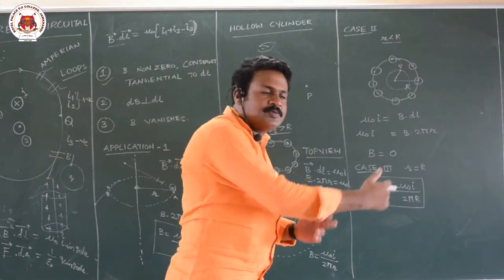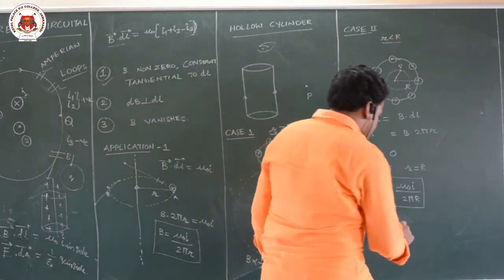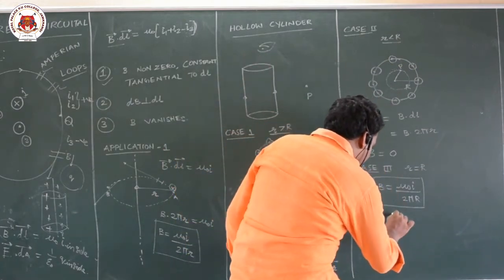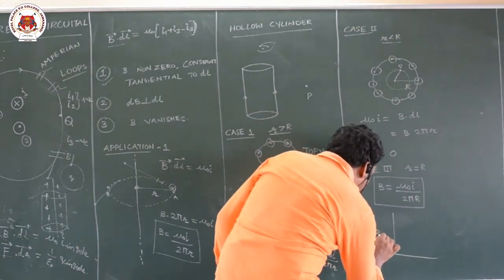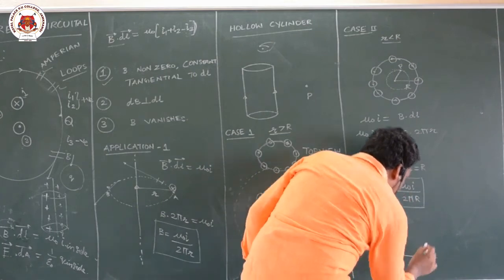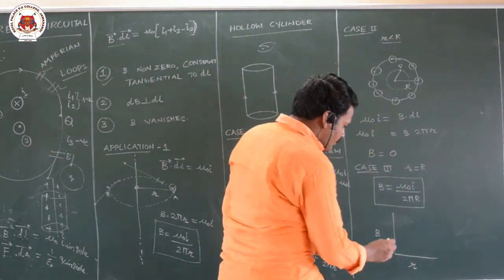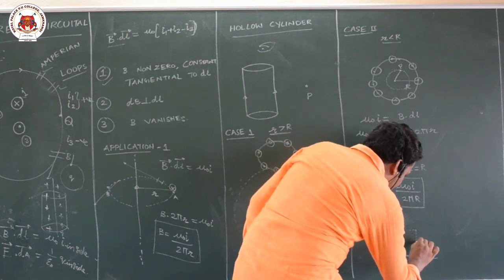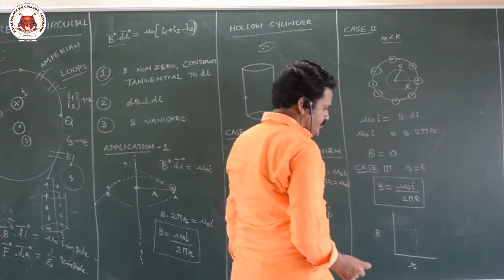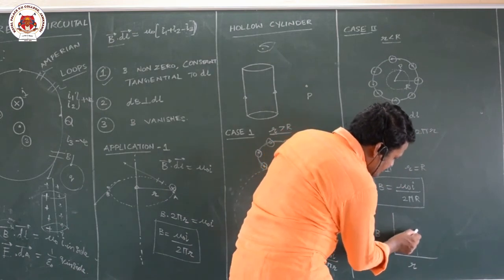Once you go away from the surface, it decreases. So you can draw one graph here between B and r. Up to capital R, the value of B is 0, and afterwards it decreases like this.